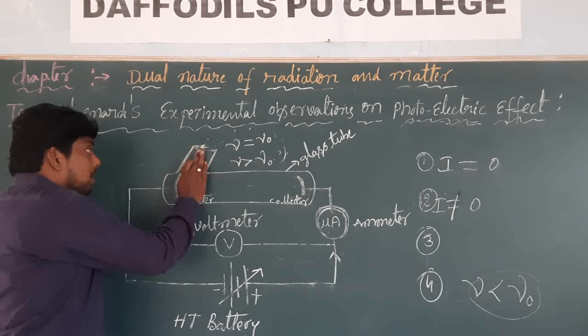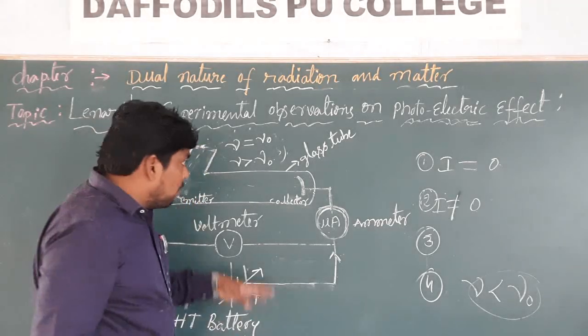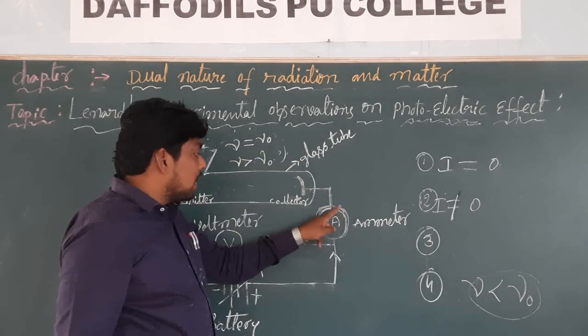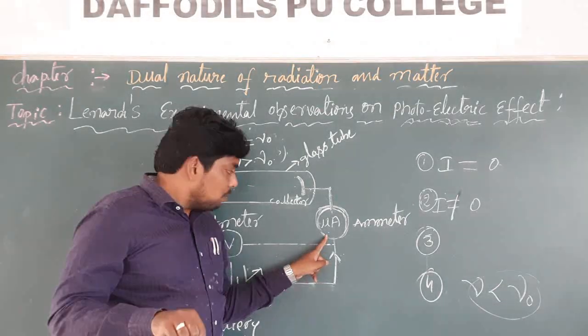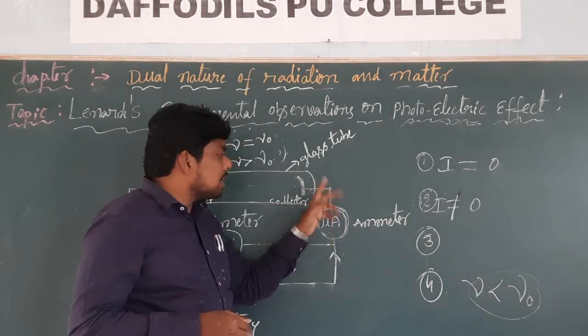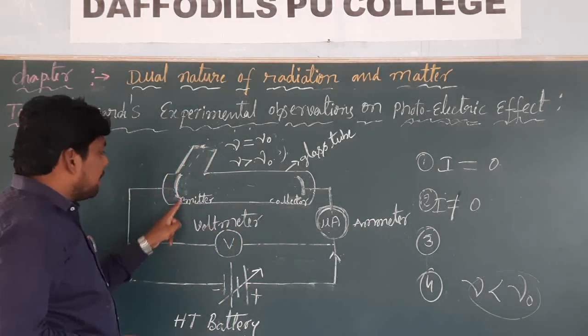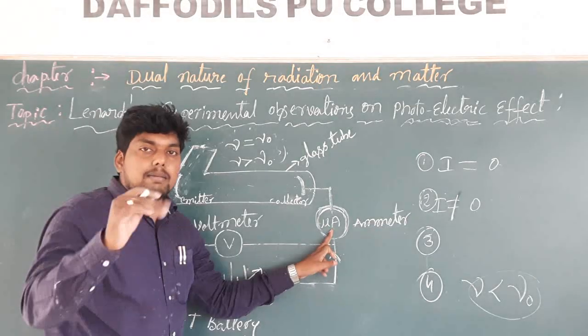The UV rays falling on the emitter plate are stopped. When they are stopped, he observed that the ammeter showed zero deflection. What does it mean? The current in the circuit becomes 0. As soon as the UV rays falling on the emitter plate are stopped, the current in the circuit becomes 0.